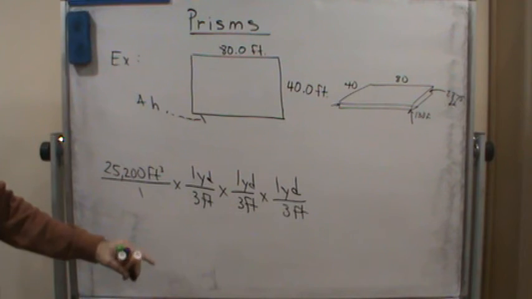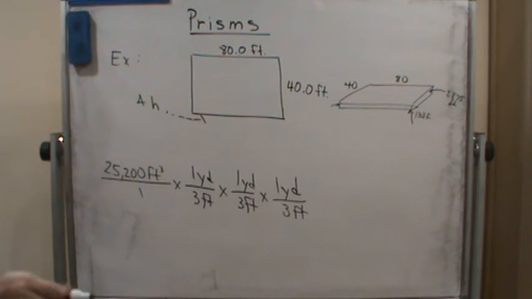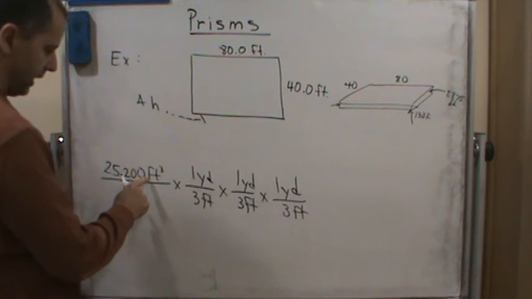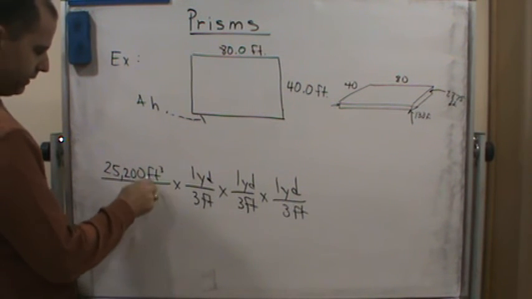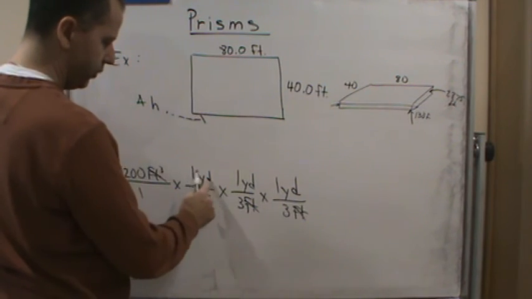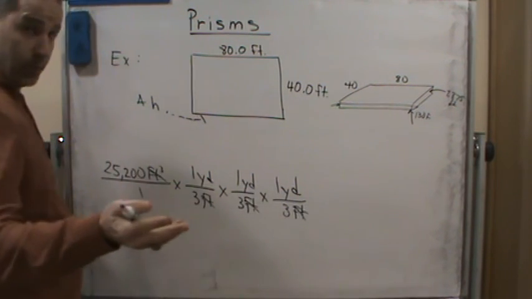If you don't remember the conversion for cubic yards to cubic feet, you could easily do it this way, because now you've got feet times feet times feet, which cancels with these feet, and you've got yards times yards times yards, which is cubic yards.